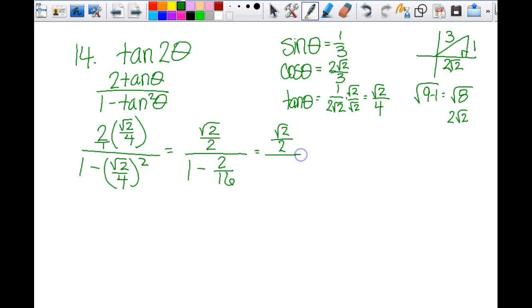And then down here, this really is just 1/8, right? So 1 minus 1/8 would be 8 over 8 minus 1/8, so that's just 7/8, right? So now, dividing fractions, that's going to be square root of 2 over 2 times 8 over 7. And then I can reduce that, so I get 4 square root of 2 over 7. Okay, does that help?